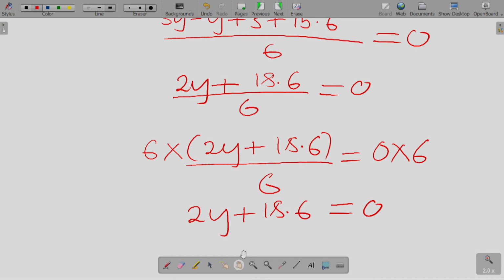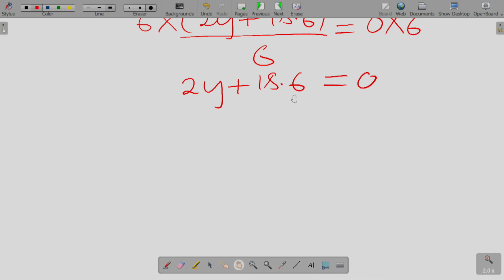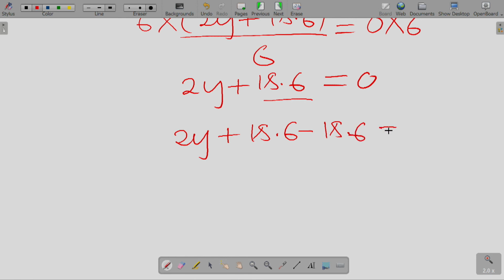The following step is to subtract both sides by 18.6. So we'll get 2y plus 18.6 minus 18.6 equal to 0 minus 18.6.